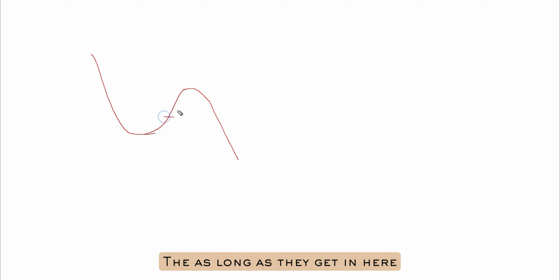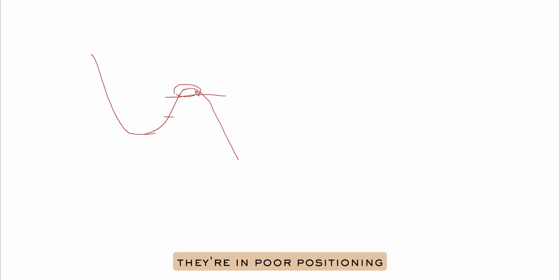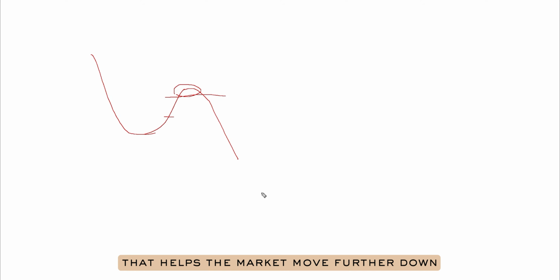You get longs that get in here and they're in semi-decent positioning, but then you get the longs that occur more towards the end. They're starting to hop in whenever there's less and less movement for all of the extra activity that's coming in. So when they get into this position, they're in poor positioning. The market begins to tick against them. When they all close out in unison, or close to unison, it's their activity that helps the market move further down.